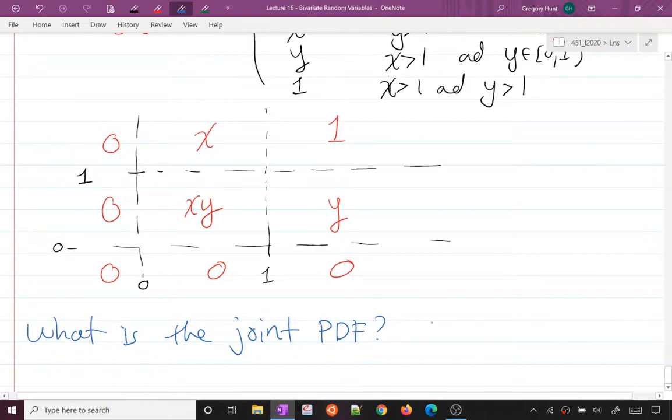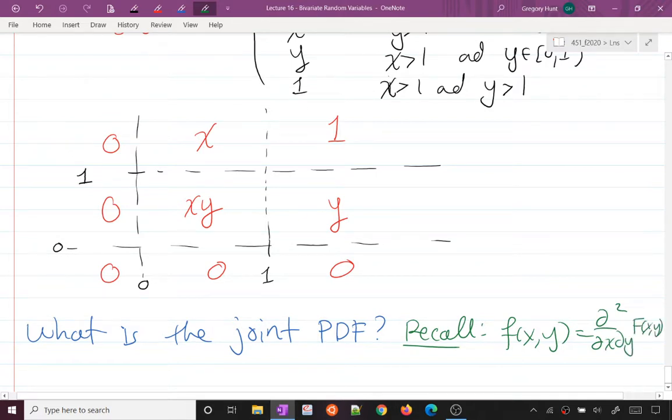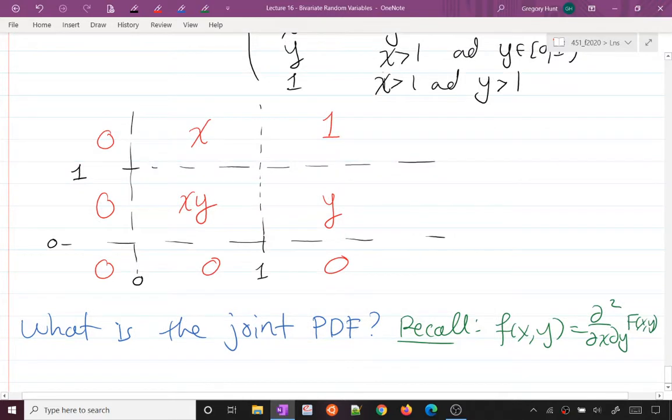And our relationship, if you recall, maybe we'll write this in green, is that if I want f_xy, I take the mixed partials, dx dy, of this CDF. So all I need to do is take the derivative, one with respect to x and one with respect to y.